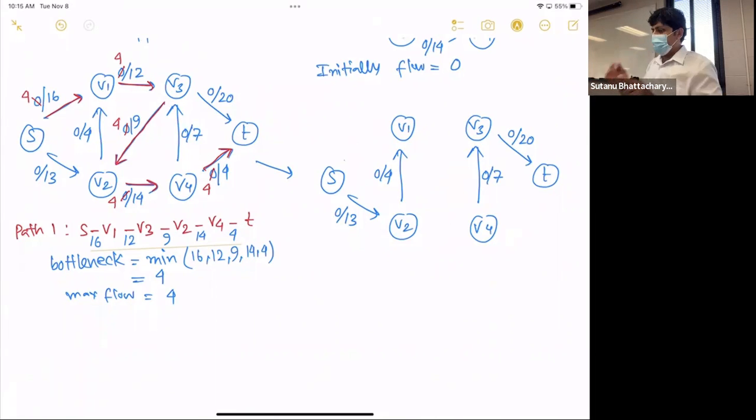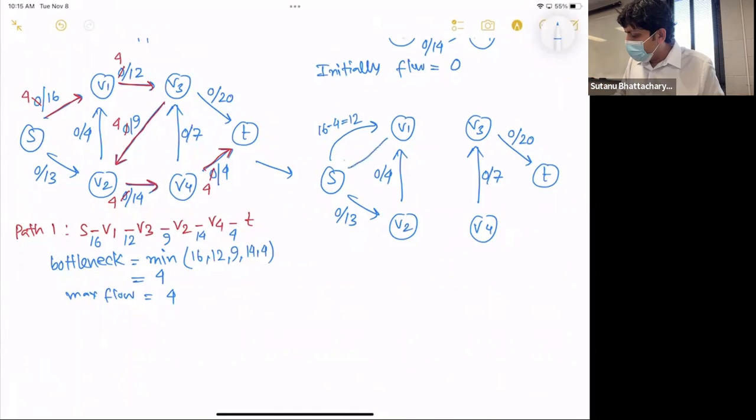So here 2 edges will be drawn. One would be this forward edge, that is the remaining capacity, 16 minus 4, that is 12. It is saying that I can utilize this 12 units throughout this edge.